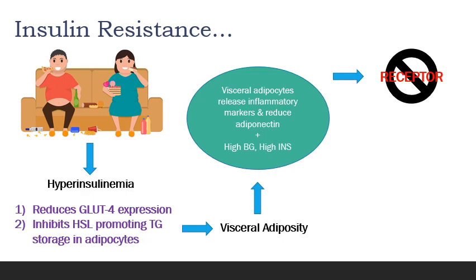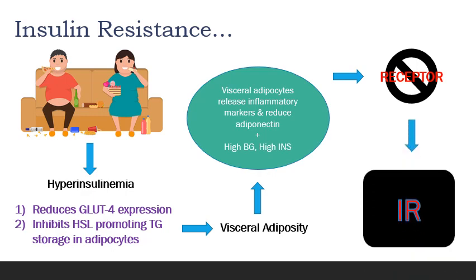Once this happens, things start to get wonky with our metabolism. Interestingly, though, insulin resistance has been found to be the pathophysiological mechanism of several diseases. Obviously type 2 diabetes, but also metabolic syndrome, Alzheimer's, and heart disease.